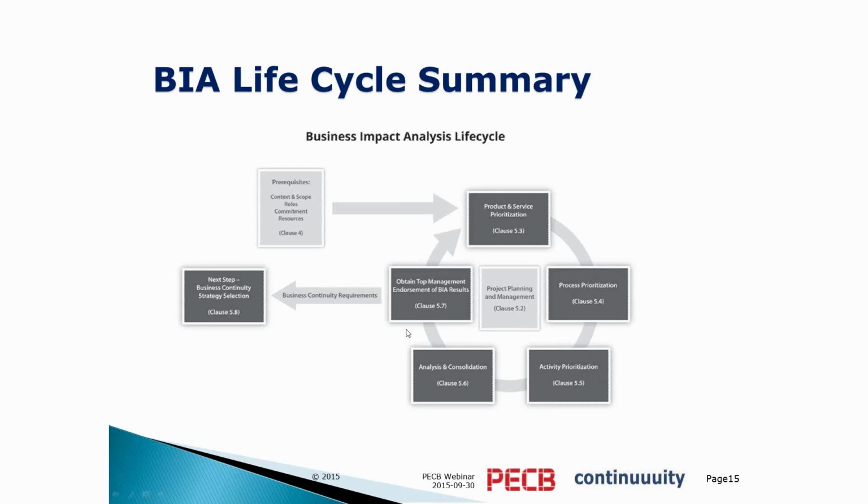If necessary, we have to go for a second round, but at one point in time we have to be satisfied and terminate this circle for now and proceed to the business continuity strategy selection, which is not part of the standard, but is a kind of bridge to the next element.